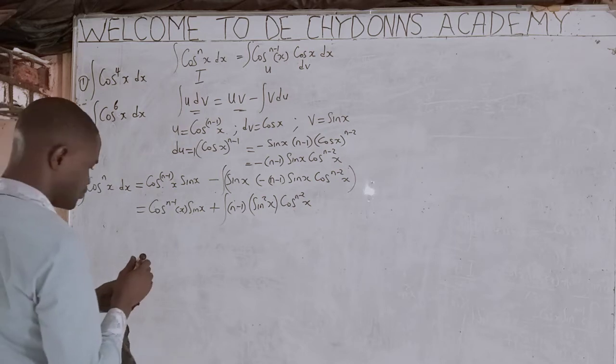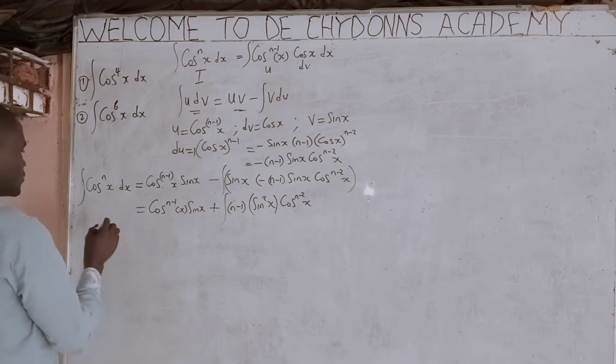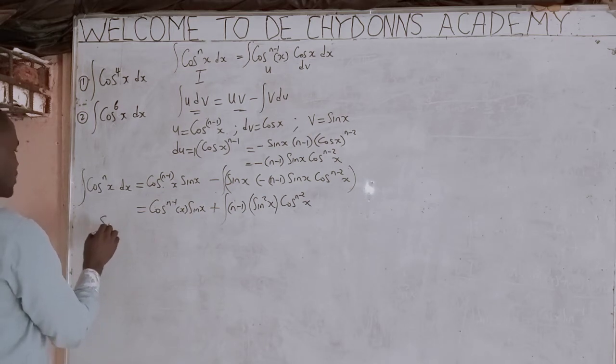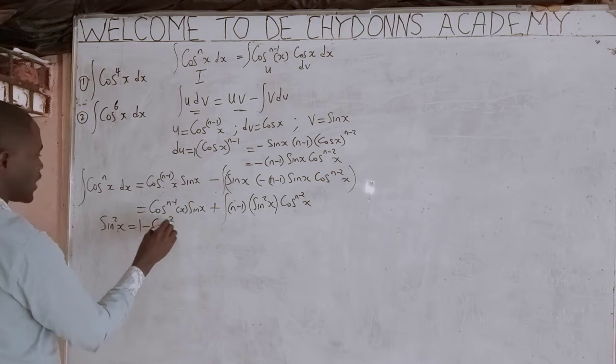Okay? So from here, remember that sin squared x is equal to 1 minus cos squared x.